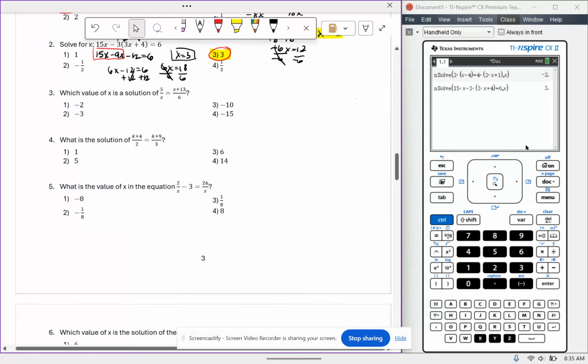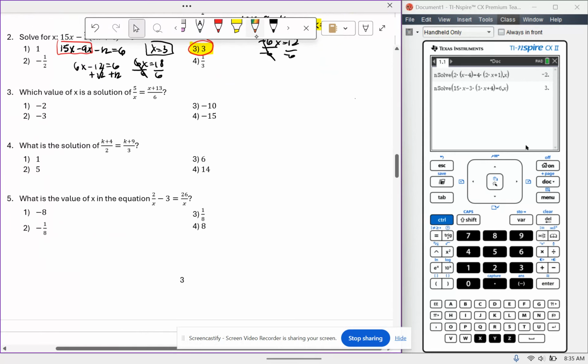Question 3. Which value of x is a solution of 5 over x equals x plus 13 over 6? Whenever I have something that looks like this, I'm going to start by cross multiplying, and this will clear the fractions for me.